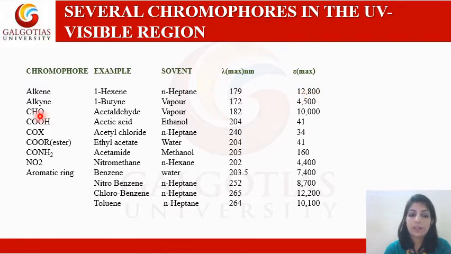Like we can have aldehyde. The example is acetaldehyde. The solvent, it is in vapor state. Lambda max is 182 and the value of molar absorptivity, or molar extinction coefficient, is 10,000. Likewise, we have different chromophores which are present in your UV visible region.